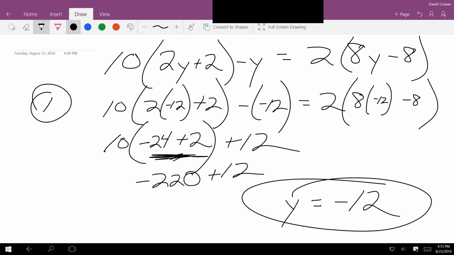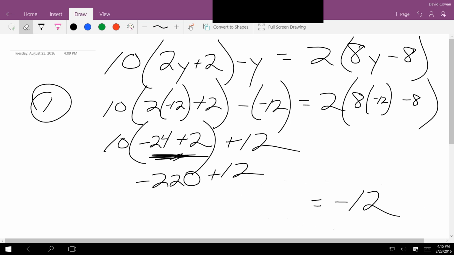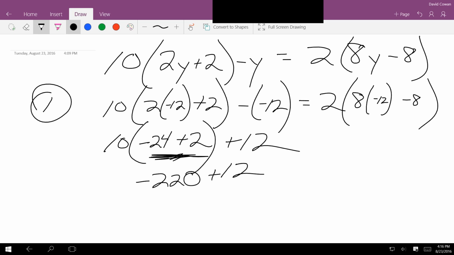Oh, sorry. Negative 208. In other words, when you're done doing that calculation, always add those back together to make sure you get 220 or negative 220.